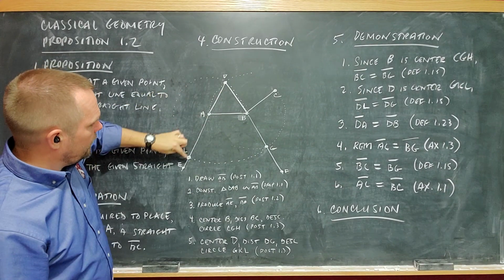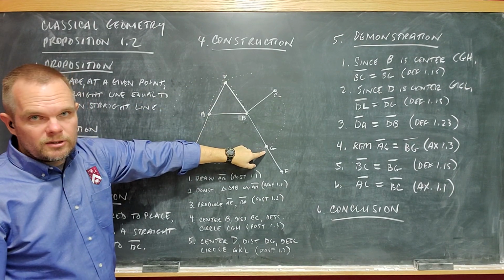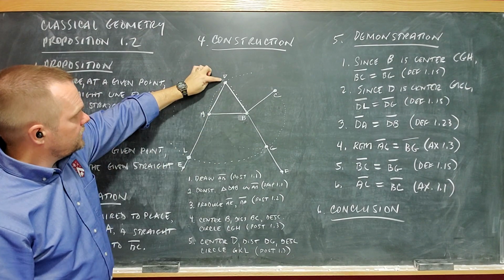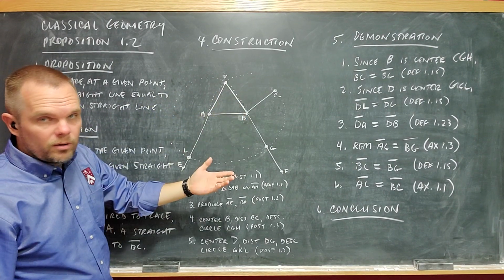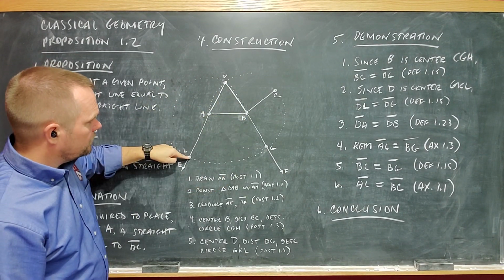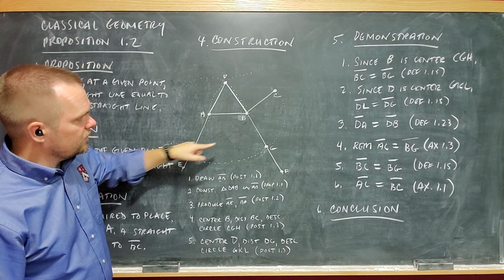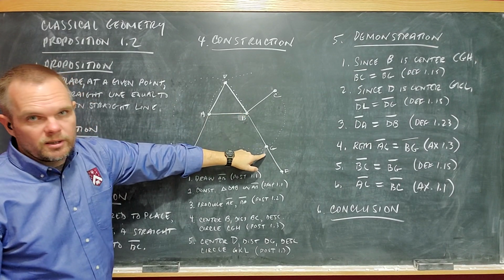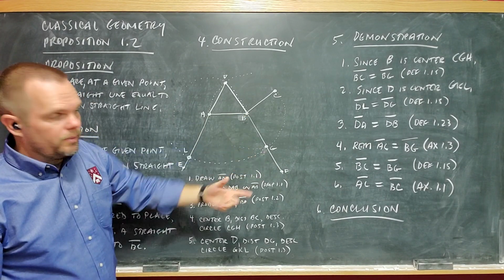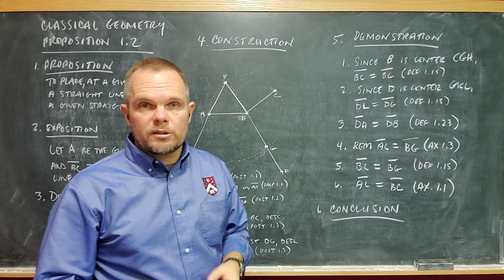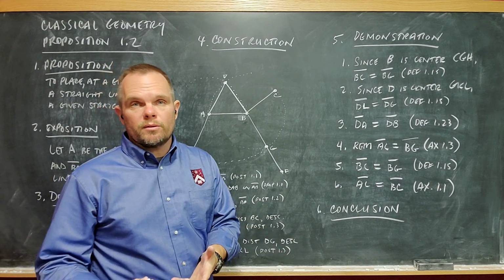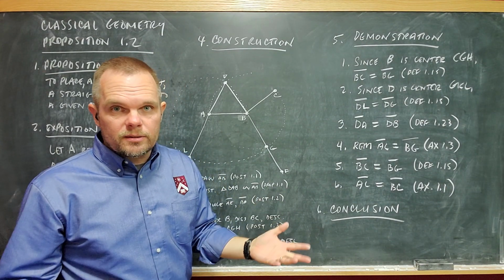Now, DL is equal to DG, and DA is equal to DB. Therefore, AL, the remainder, must be equal to BG, the remainder, based on axiom 1.3, that if we subtract equals from equals, the remainders must be equal.